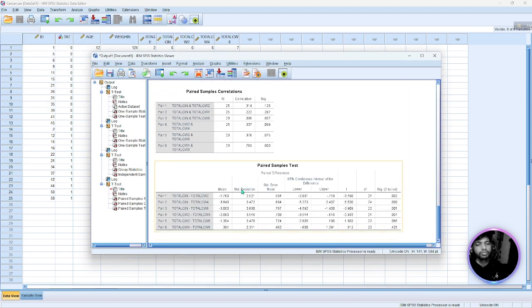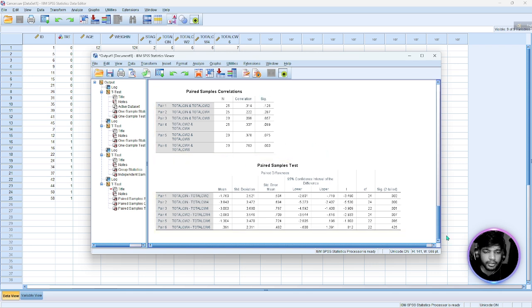Here all values are given. Let me discuss from this value. This is the t value, and this is the degree of freedom. And this is the significance for two-tailed. From this value we can get the number of samples, the correlation, and the significance.